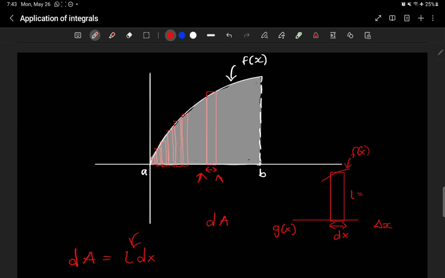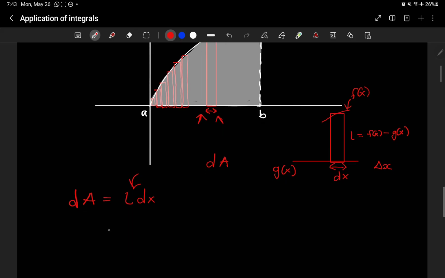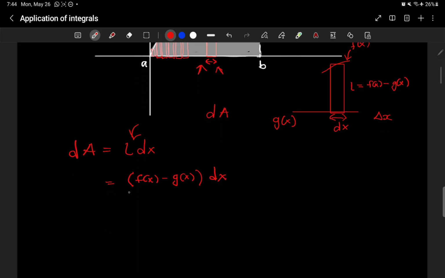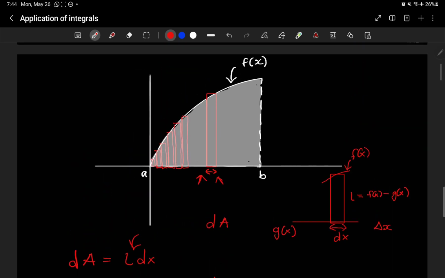To get the length L, which is the height, we subtract the higher boundary minus the lower boundary, g of x. So where we have L, we now have the upper boundary minus the lower boundary, and then dx. This is what we use to obtain the area of the selected differential section, just one such rectangle.